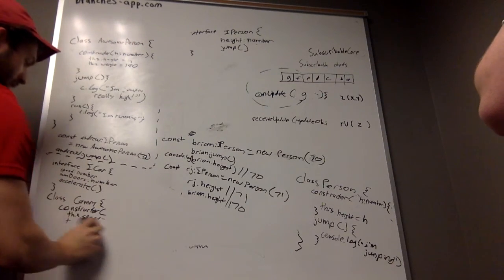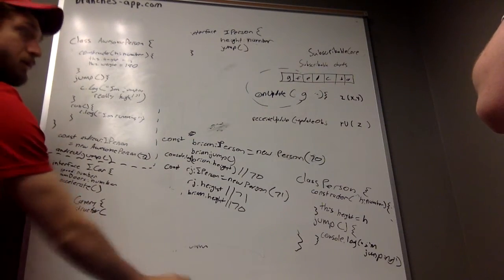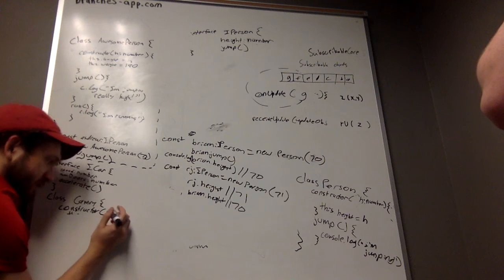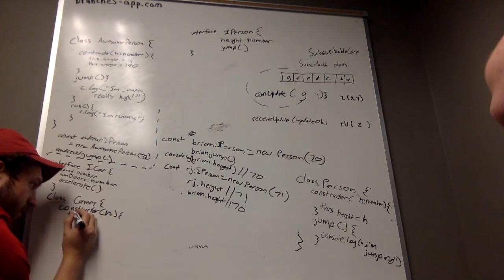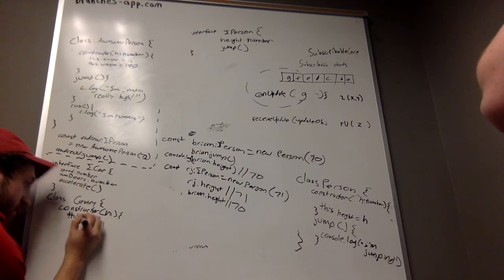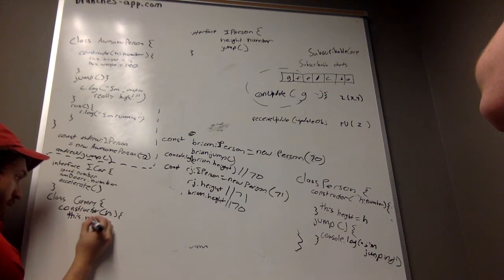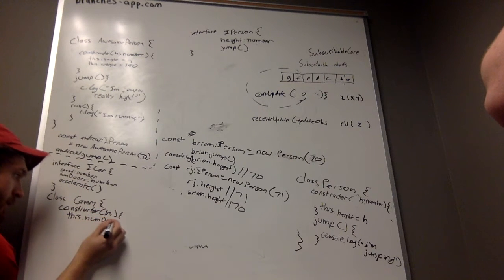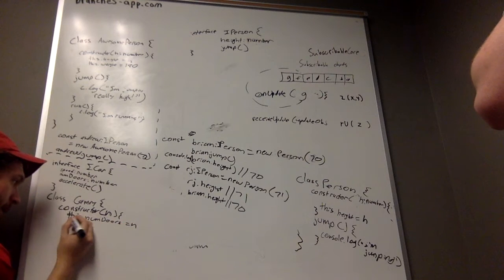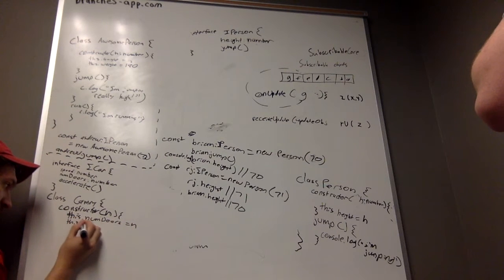It's going to accept a parameter called N. That N is going to stand for number of doors. So we can say this.numDoors is equal to N. And then we're going to say this.speed is equal to 0.